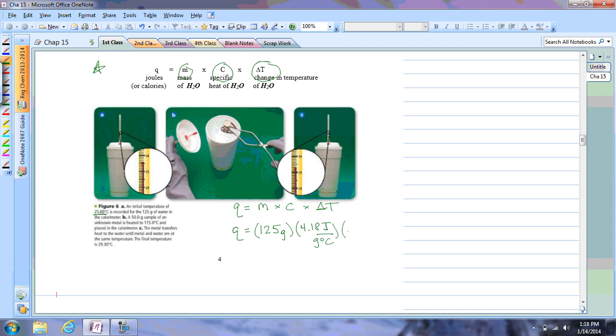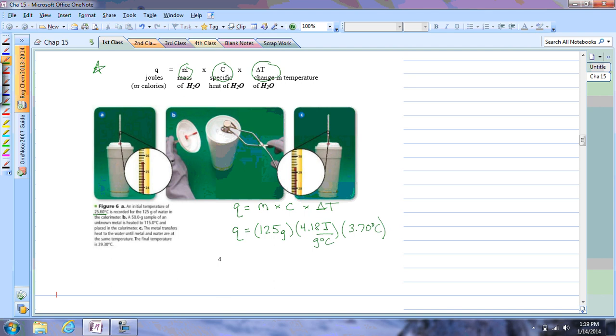And the change in temperature: the final temperature is 29.3 degrees Celsius. So the change in temperature is 3.7 degrees Celsius.